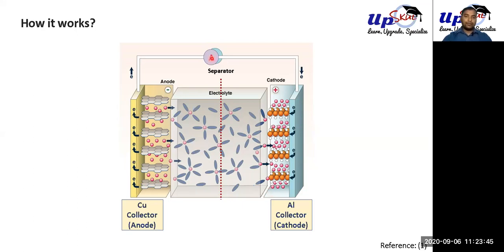What do we need to do? We need to apply potential here, right? So if we add a battery here, or a charger here, with the positive terminal in this direction, it will suck all the electrons from this lithium atom, because as we already discussed, lithium already wants to give up its electron from the outer orbit.